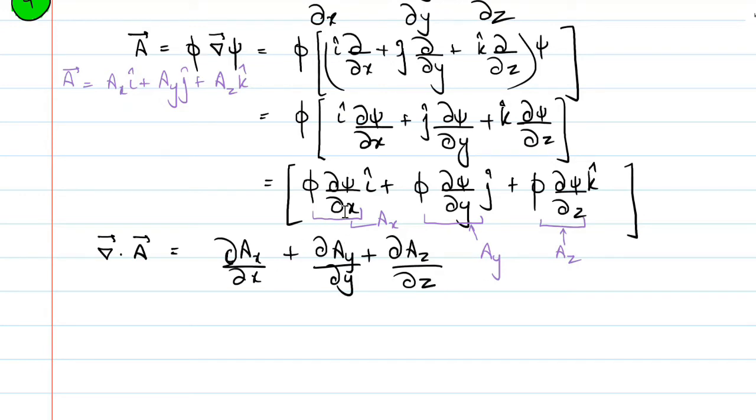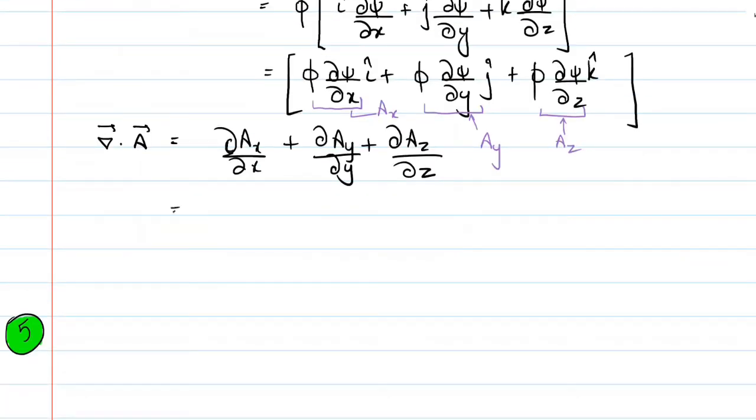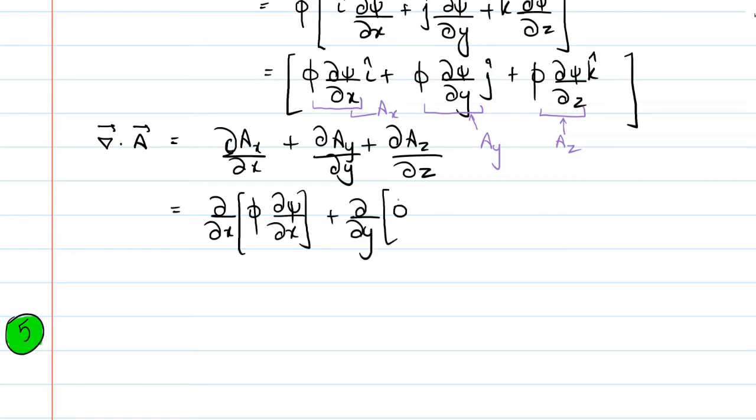Now we know what Ax, Ay and Az are, so let's substitute. This becomes curly by curly x of phi curly psi by curly x plus curly by curly y of phi curly psi by curly y plus curly by curly z of phi curly psi by curly z.